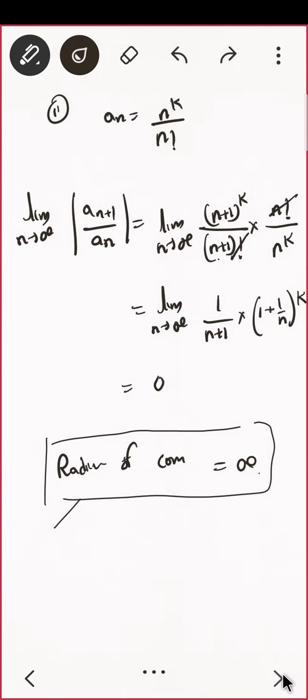a raised to n plus b raised to n. So your a_n is a raised to n plus b raised to n, where a is greater than b is greater than 0. Correct? So what do you think? What should you do? Ratio test, root test. a is greater than b.